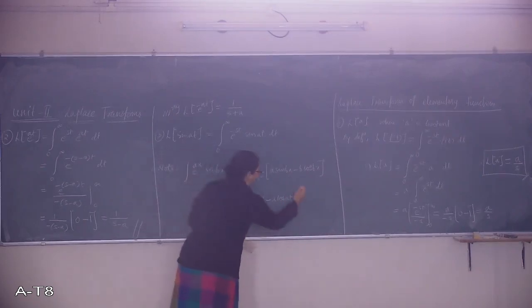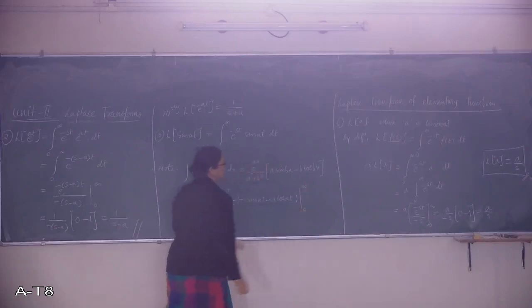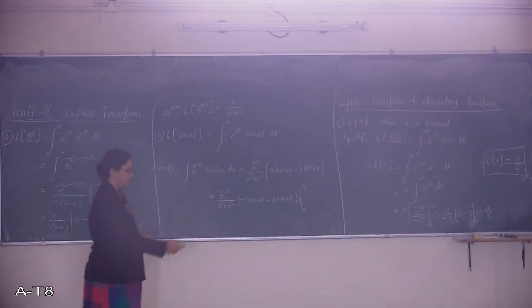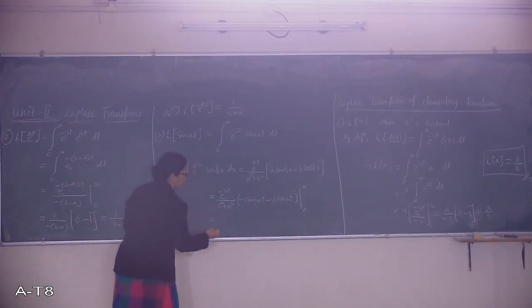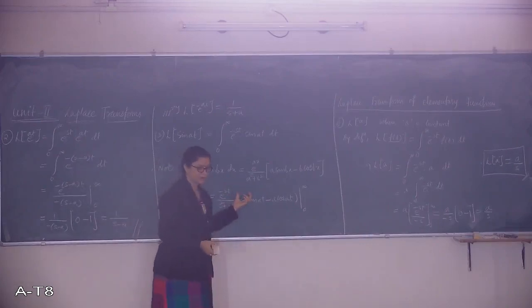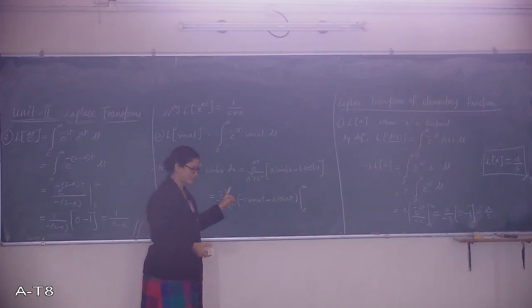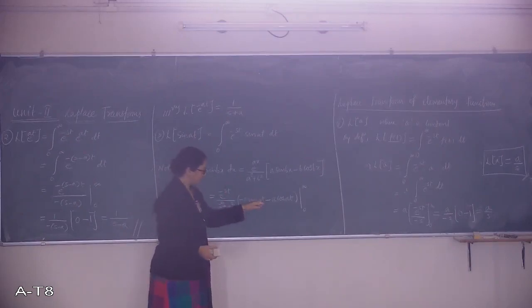Now apply the limit here, 0 to infinity. Which term are we going to substitute the limit into? The term containing t. This exponential term still has t, so we need to substitute here and even in this term.